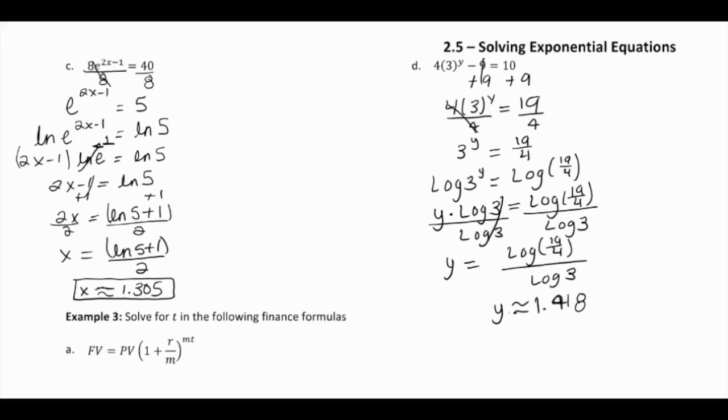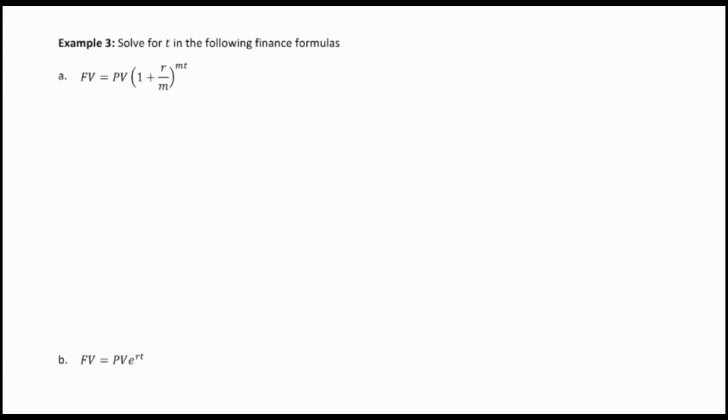This is a 4. In example 3, we need to solve for t in the following finance formulas. That means we need to leave t by itself. We're going to apply the same steps that we were doing in the previous examples. The first thing is to isolate my expression with the exponent.